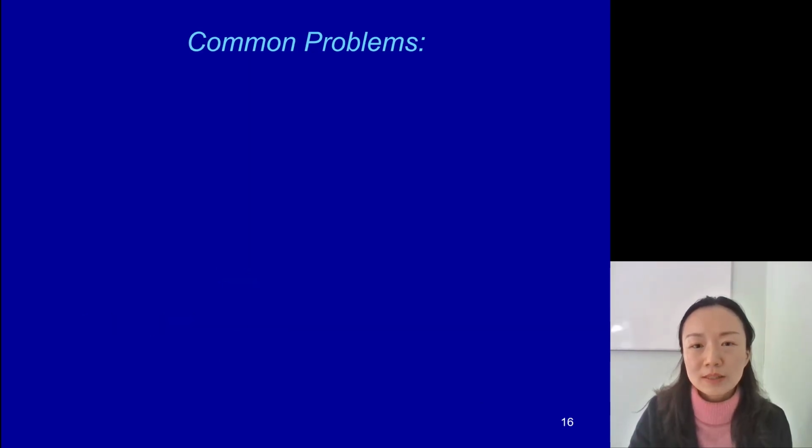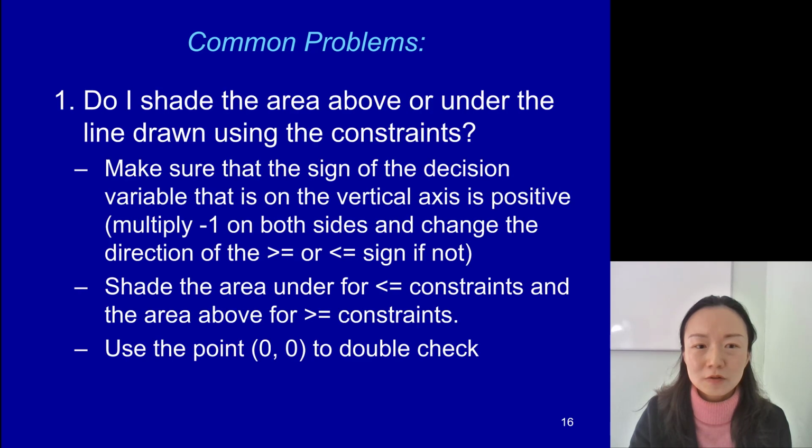Some common problems that you may meet when you use the graphical method to find out solutions is, first, do I shade the area above or under the line drawn using the constraints? When you do this, you want to first make sure that the sign of the decision variable that is on the vertical axis is positive in your constraint.